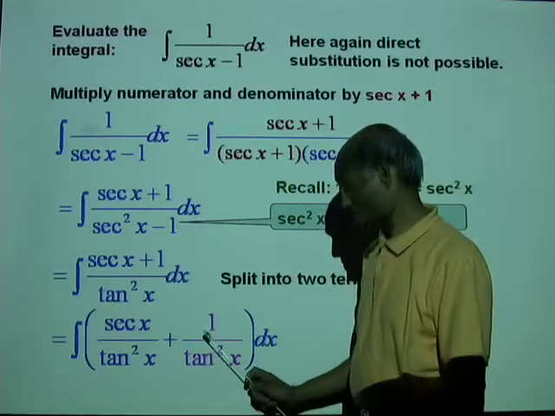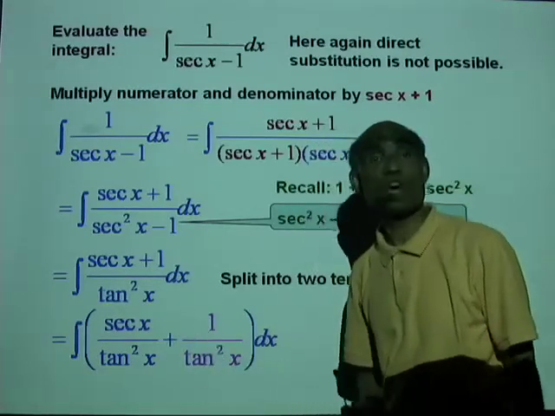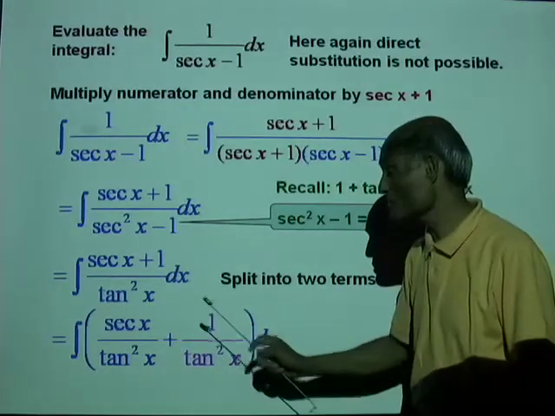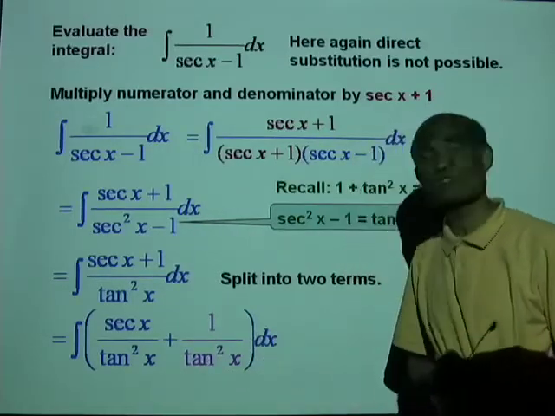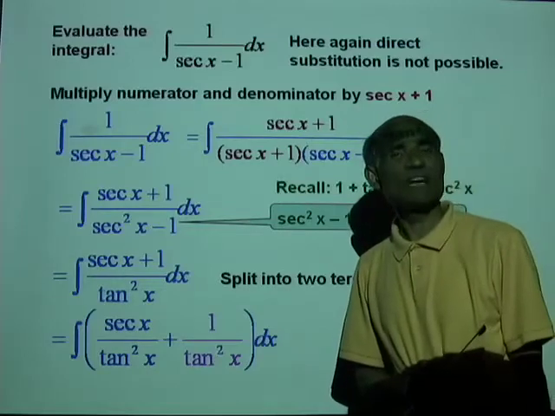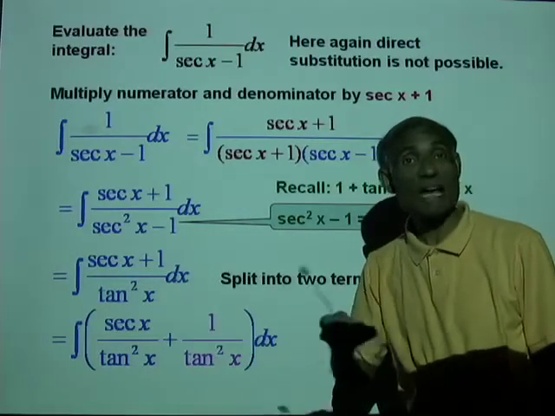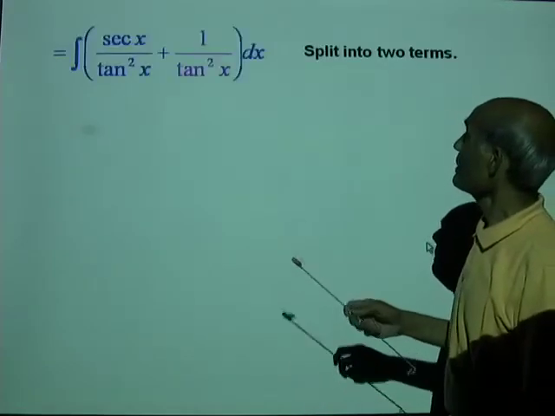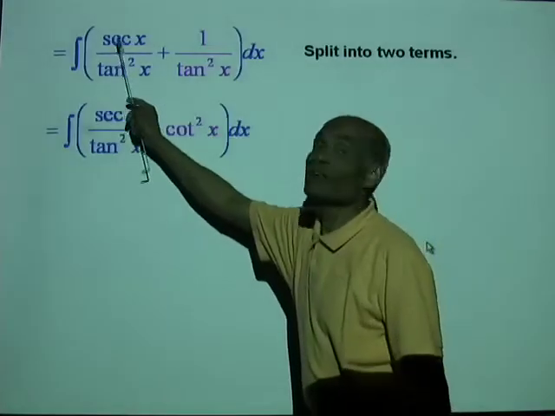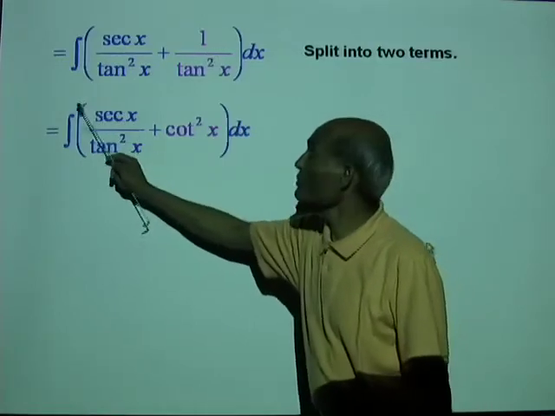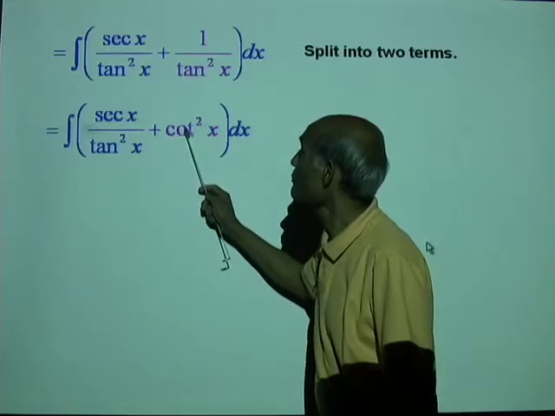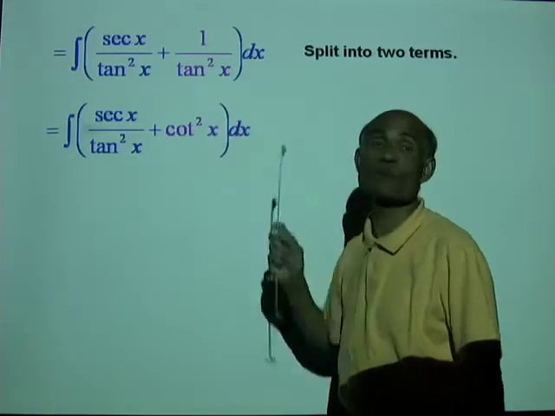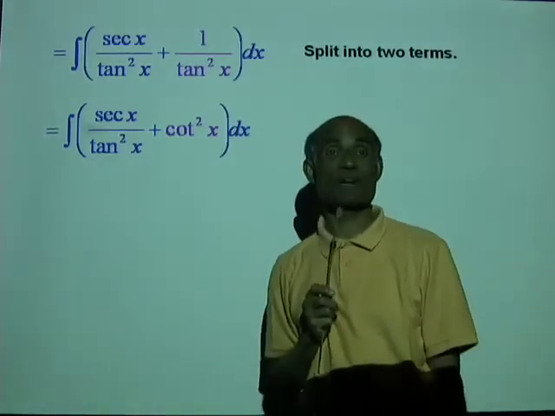And then, again, using our knowledge of trigonometric identities, we will replace each of these. What is 1 over tan squared x? 1 over tan squared x is cotangent squared x. Alright. So that will be integral secant x over tan squared x plus cot squared x.